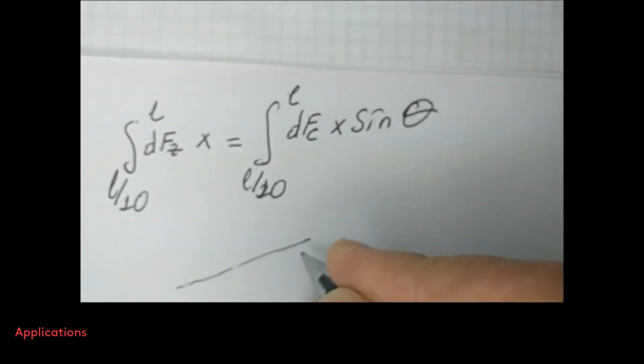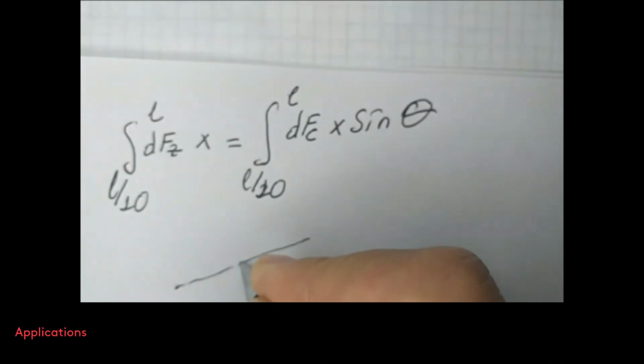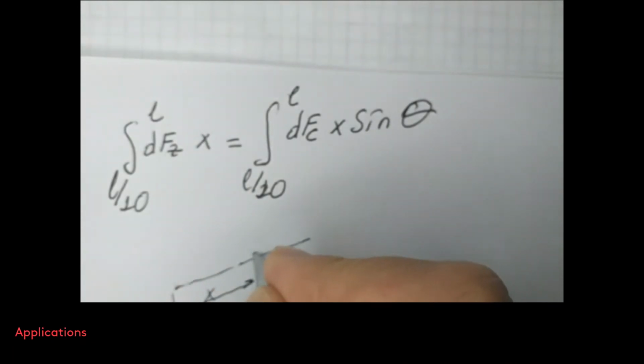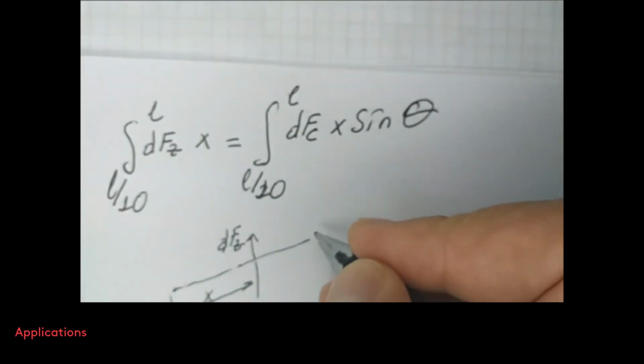So certainly we can say like this: if this is your blade and this is your hub, this distance is given as x. So we have dFz, the lift force, which is perpendicular to the blade. Lift is always perpendicular to the blade, and certainly there is a moment.